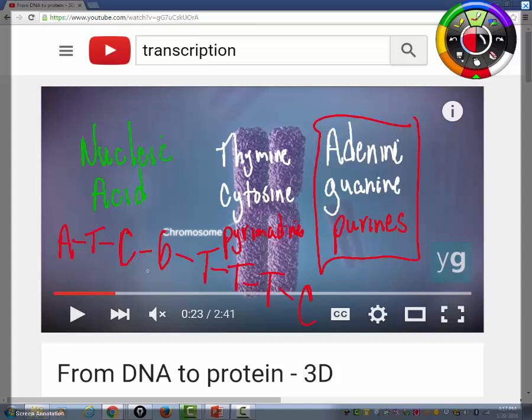This single strand of DNA is very unstable. It can be damaged easily. So the body always does stuff that makes sense.